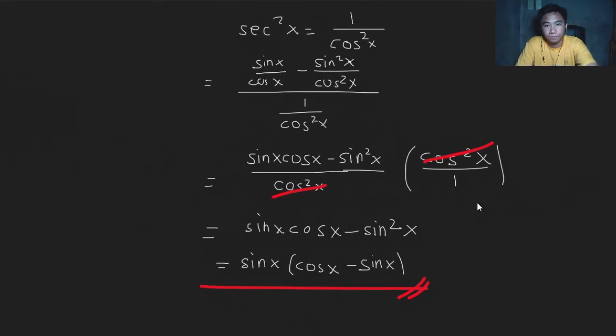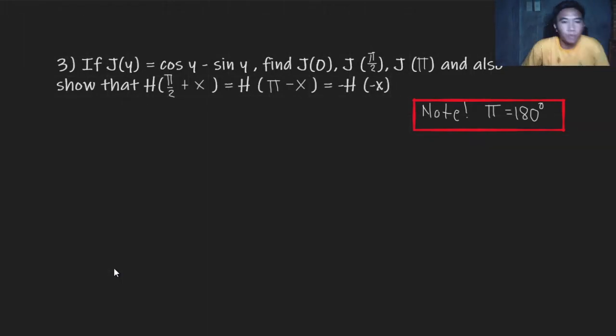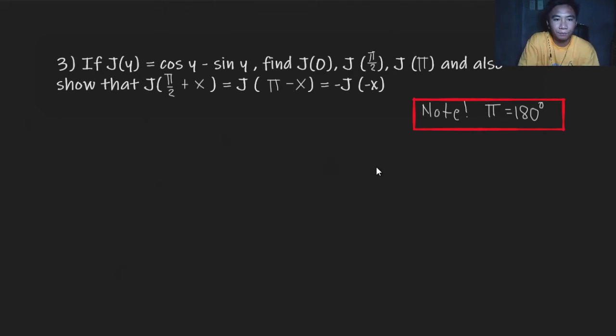So, next number. Number 3. If j of y is equal to cosine y minus sine y, find j of 0, j of pi over 2, j of pi, and also show that j of pi over 2 plus x is equal to j of pi minus x, which is equal to negative j of negative x.